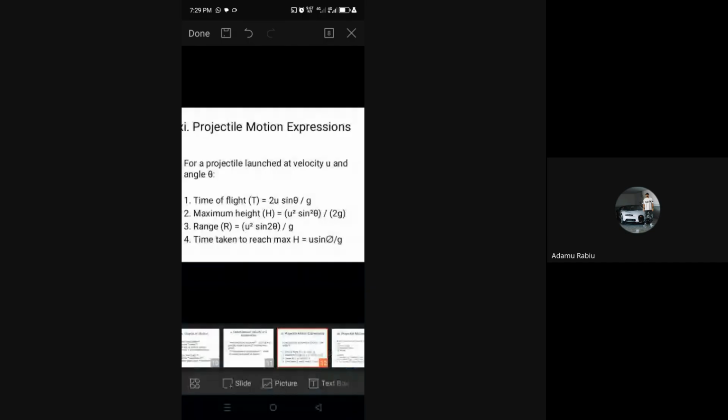And you know that at an angle of 45 degrees, I believe you have done something like that, if the object is traveling at 45 degrees, range is usually at maximum. Don't forget that range is at maximum when the object is traveling at 45 degrees.